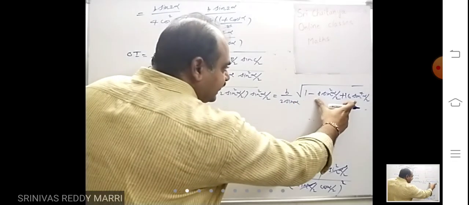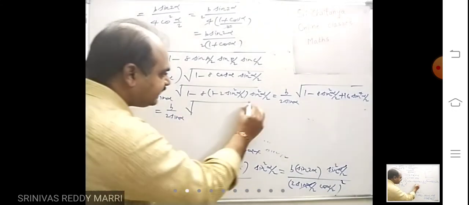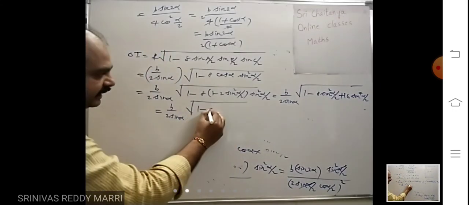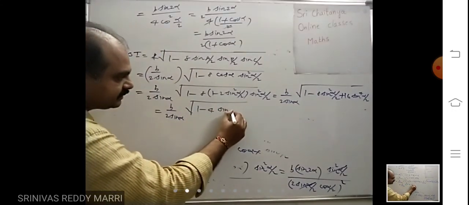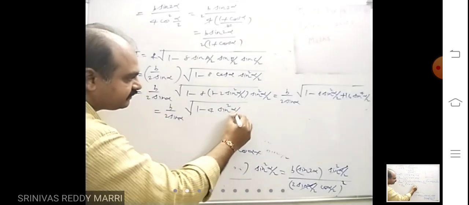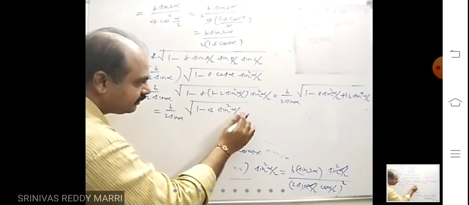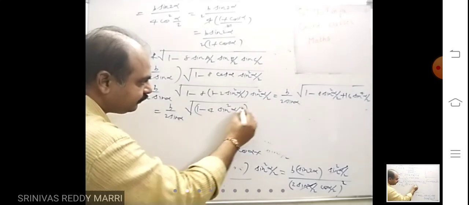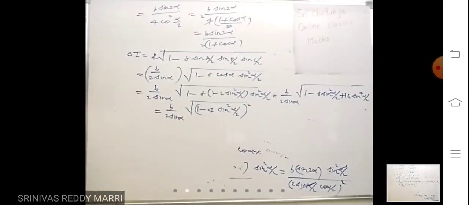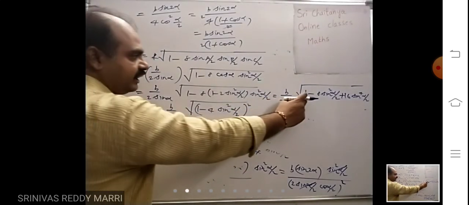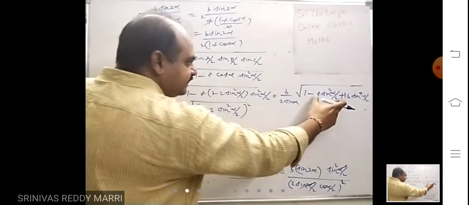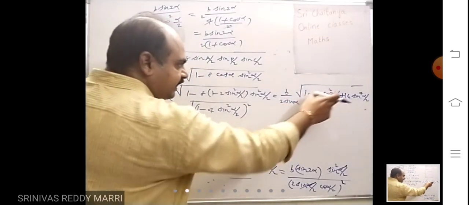If you look here, under root, 1 you can write as a perfect square. Look at how I am writing: 1 minus 4 sine square alpha by 2, whole square. I can write like this. A square means 1, minus 2ab means this one, b square means that one.